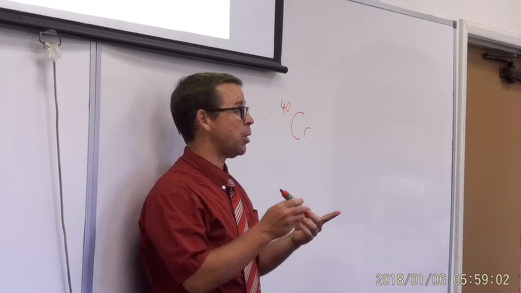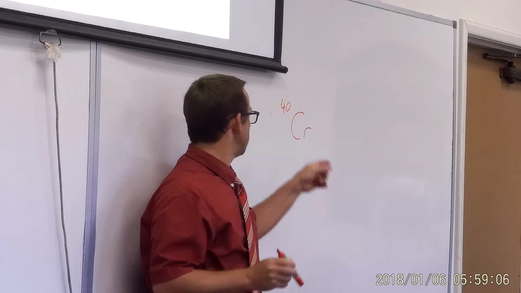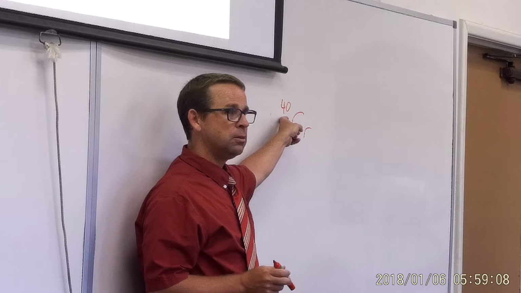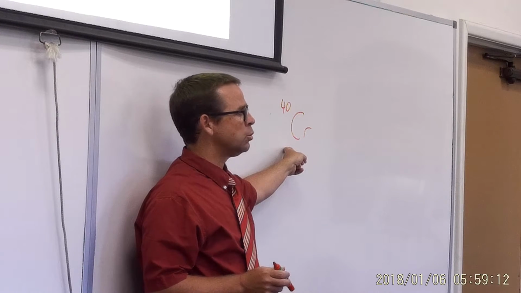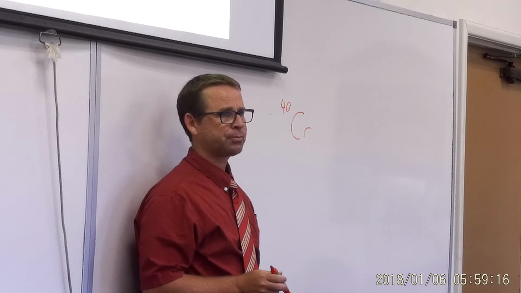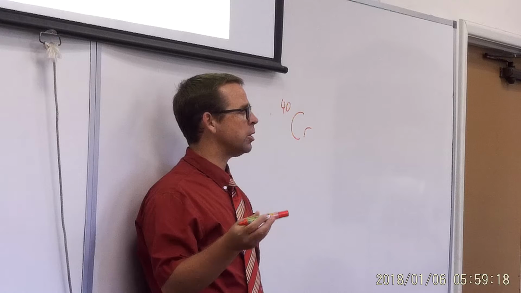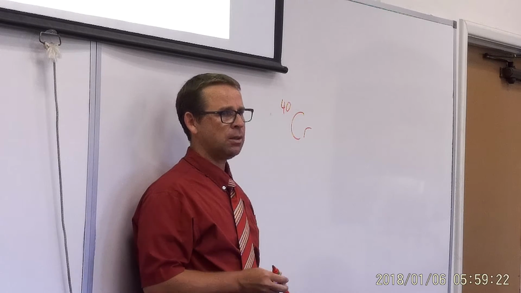Subatomic particles, protons and neutrons, right? So if this says 40, how many protons did we say chromium has? 24. So how many neutrons must there be? 40 minus 24? 16. See how we did that?